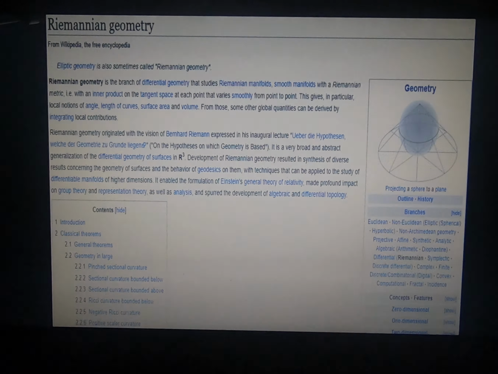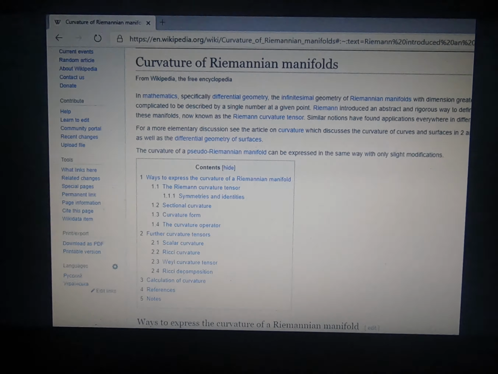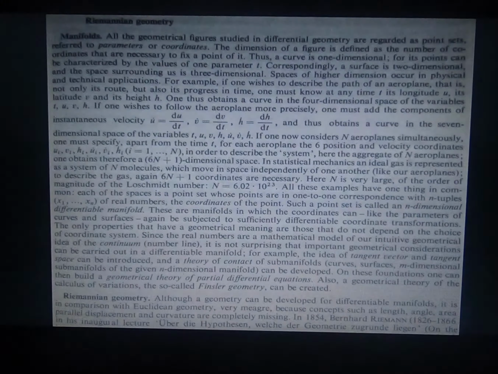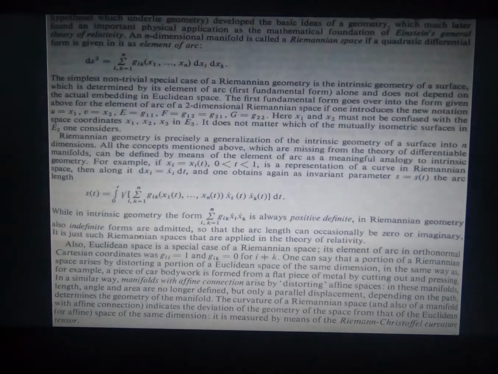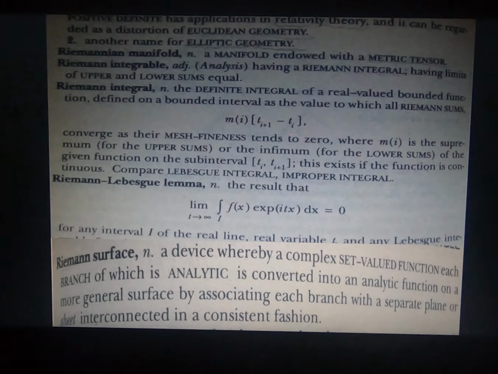So this is some brief overview of Riemann geometry, very important in relativity. And tensor's major application is relativity.